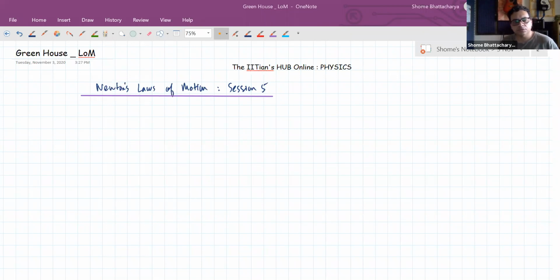So let's start with some more examples of pulley-based systems. This next example is for you people to try out.